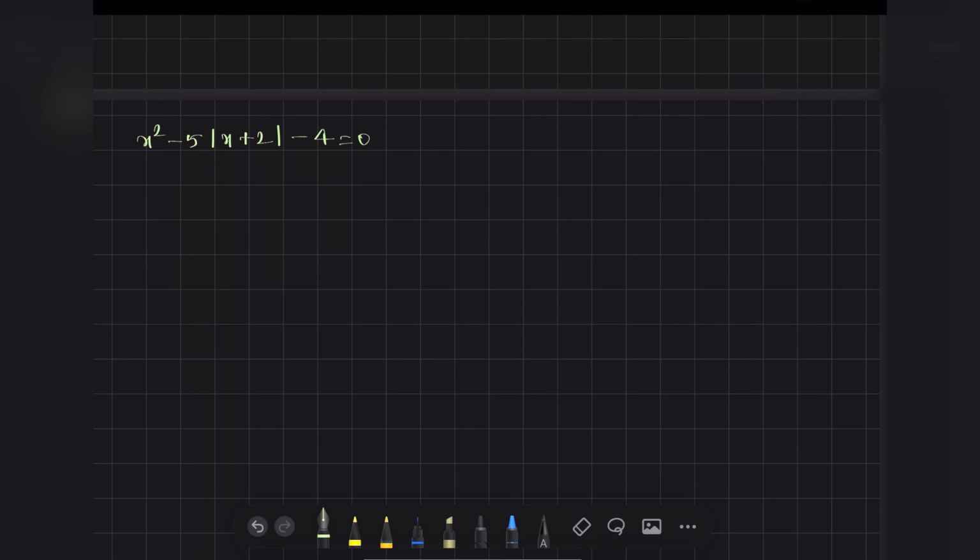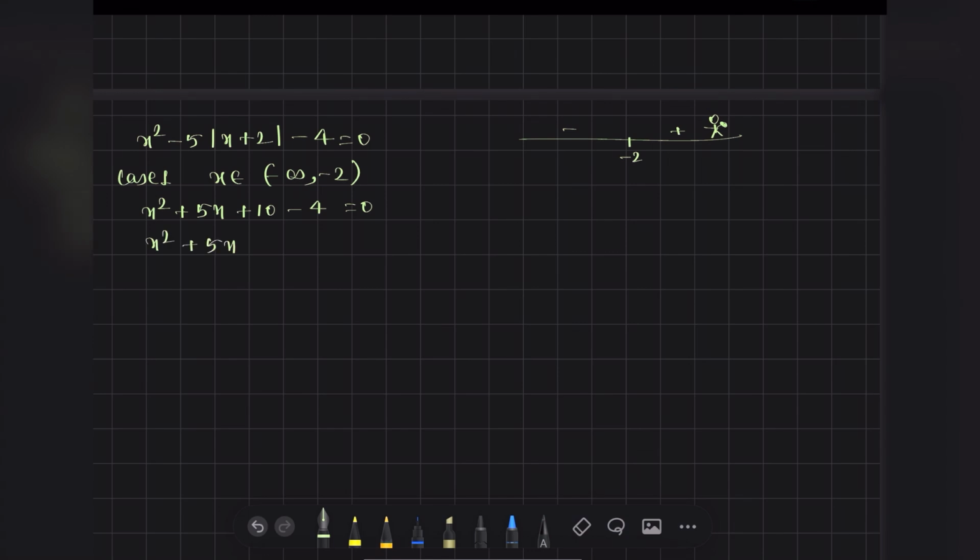So I'll go with case 1. Case 1 is x belongs to minus infinity to minus 2, open, open, and in this region it will open with a negative sign. Look at this, minus 2, here plus, here minus. So in this region it will open with a negative sign, so we will have x square plus 5x plus 10 minus 4 equals 0, that is x square plus 5x plus 6.